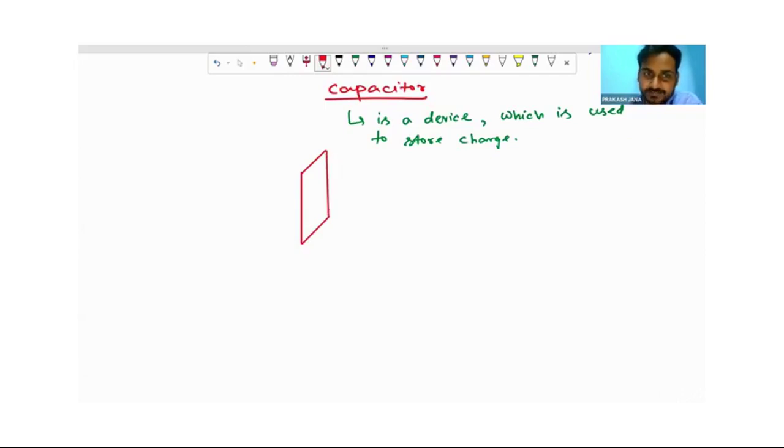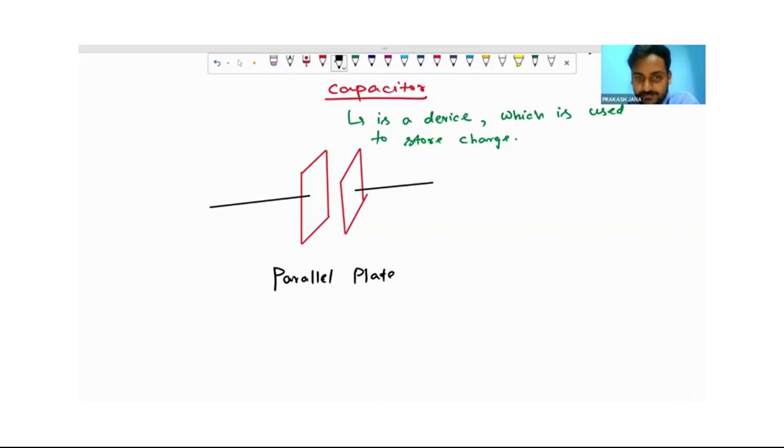This is a plate, and the other one, I am drawing it. This is the other plate. These two plates are parallel to each other, and the combination of these is known as a parallel plate capacitor.